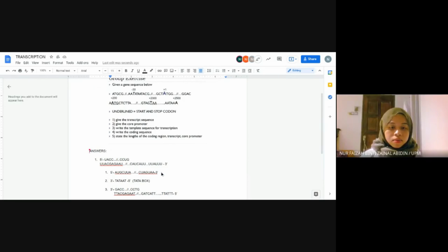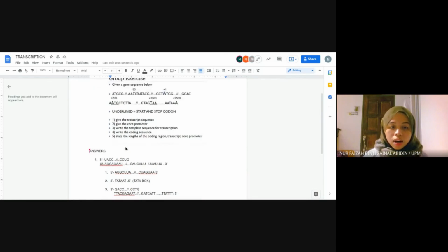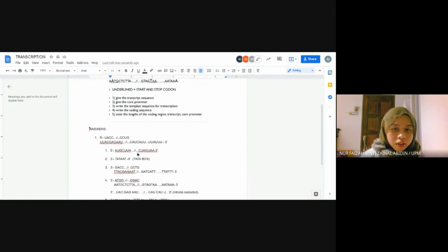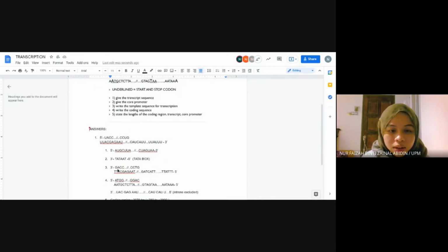Okay. But I don't really agree with the answer, because as I said before, the template sequence is GACC, right? So maybe we should change it to follow this template sequence, because this one is a coding region. Do you guys agree?